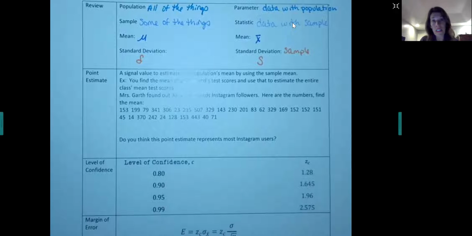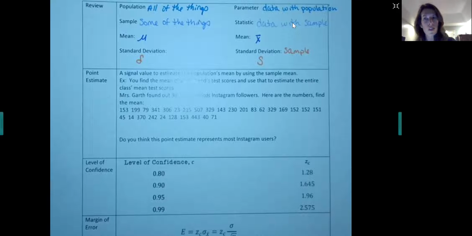Now, what we're learning today is point estimate. And really the reason we're learning it is because we can't take all of the data for all of the population. For example, if I were to try to determine Biden's current level of confidence that people have in him, his approval rating, we're probably not going to survey all 330 million Americans. It's not going to happen.